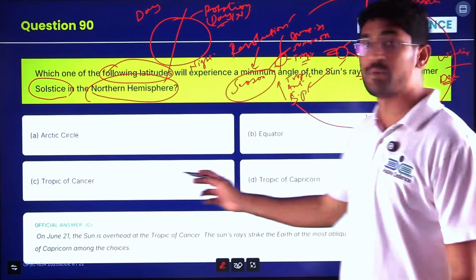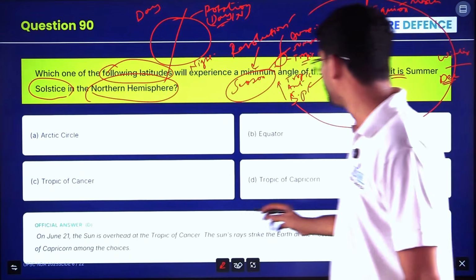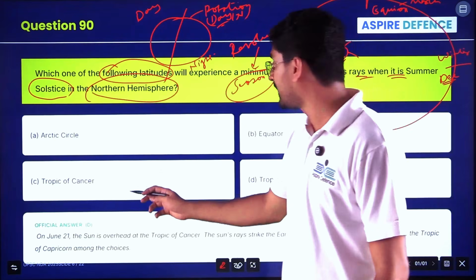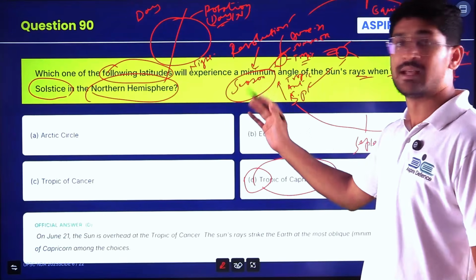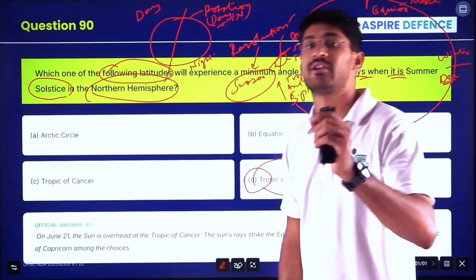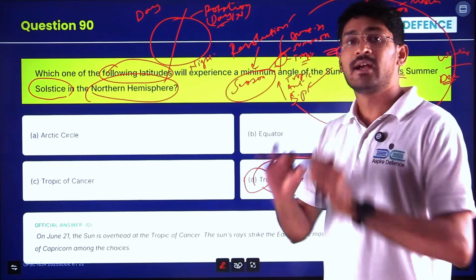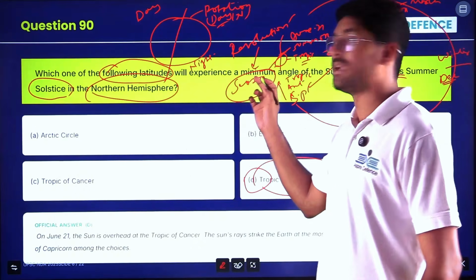Is southern pole there? No. Is Antarctic Circle there? No. Is Tropic of Capricorn there? Yes, that will be the answer. On June 21st, the northern hemisphere will get the maximum light. That too, Tropic of Cancer will get the maximum light, and the Arctic Circle, for 6 months it will be filled with complete light in the northern hemisphere.